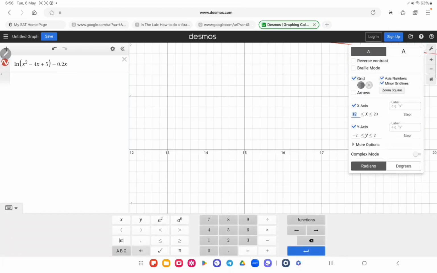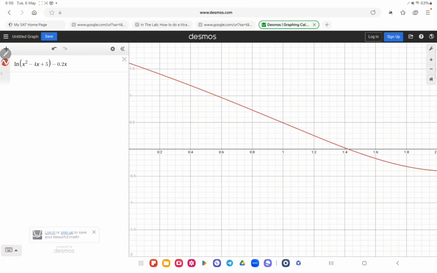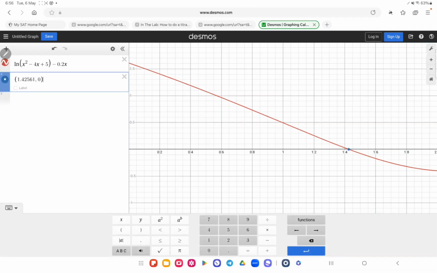So it's not graphing anything. We could probably Google it, but I'll reset it if I were you. Alright, so it's going to be hitting the x-axis at this point, which is 1.425.